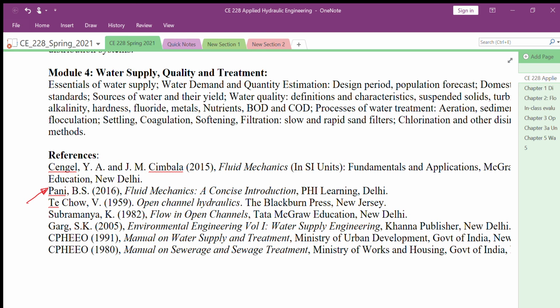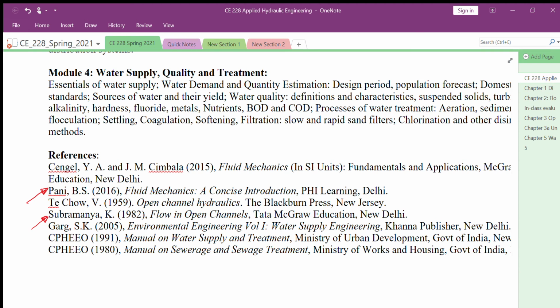For dimension analysis and revision of fluid mechanics, you can refer to Chengal and Simbala or any other textbook on fluid mechanics that you are comfortable with. For open channel flow, our main reference would be Subramania's open channel flow. Again, it's an Indian author, Indian perspective, lots of problems relevant for the Indian scenario.